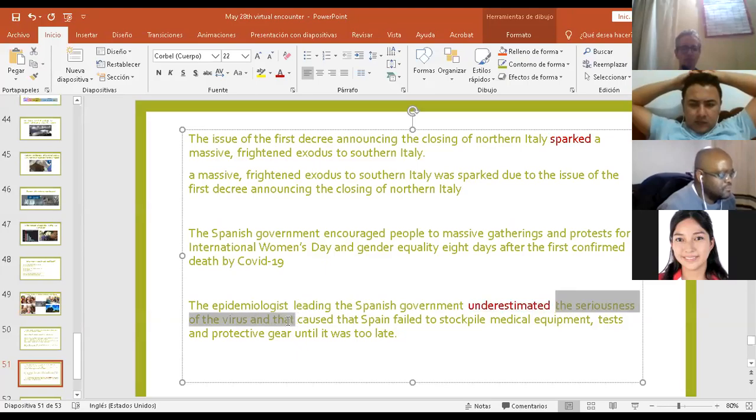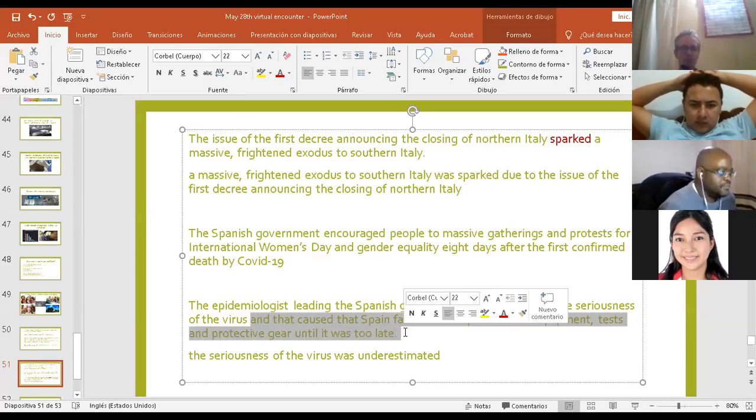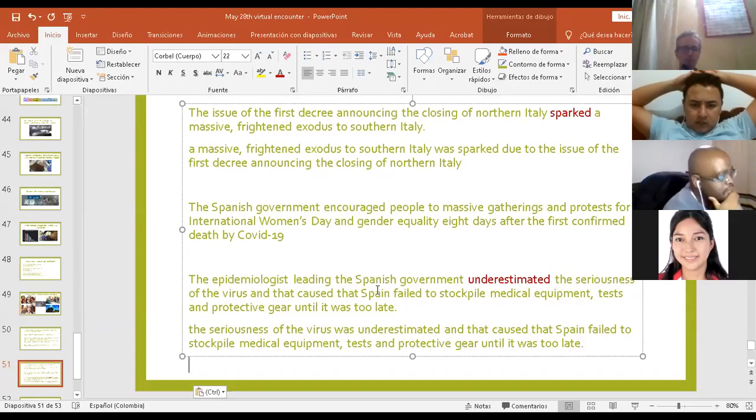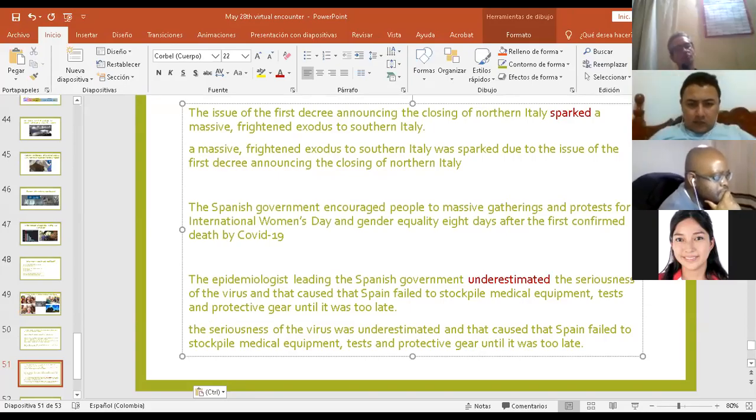The seriousness of the virus was underestimated. And that caused that Spain failed to stockpile medical equipment, tests, and protective gear. Okay.